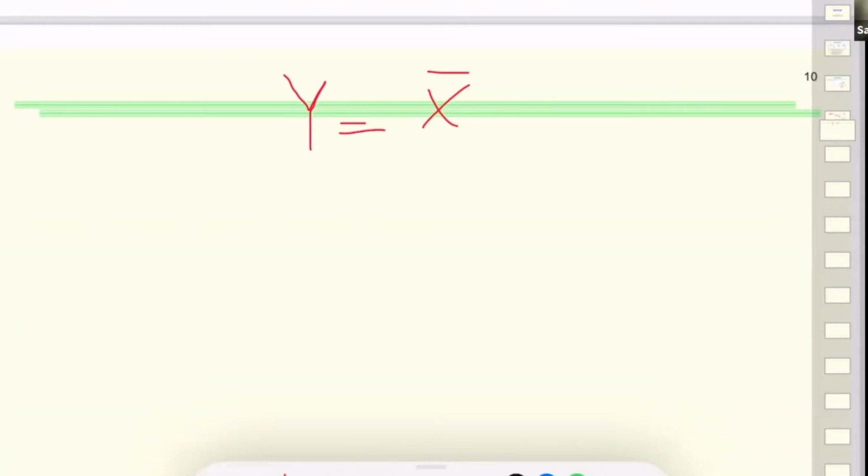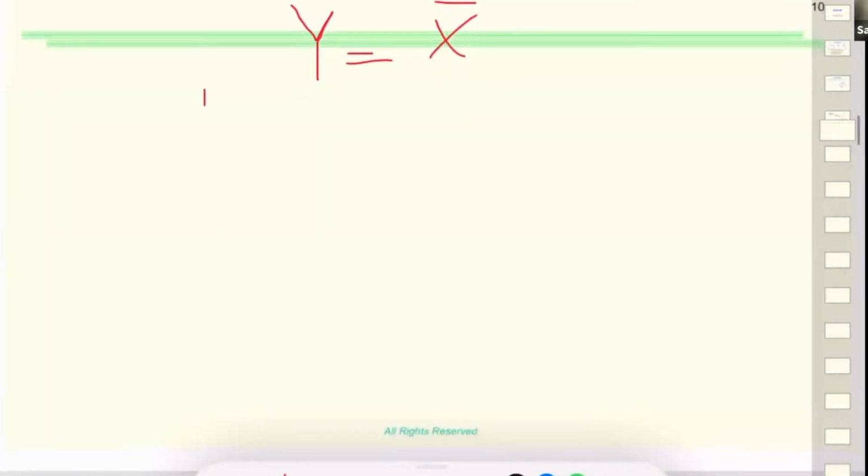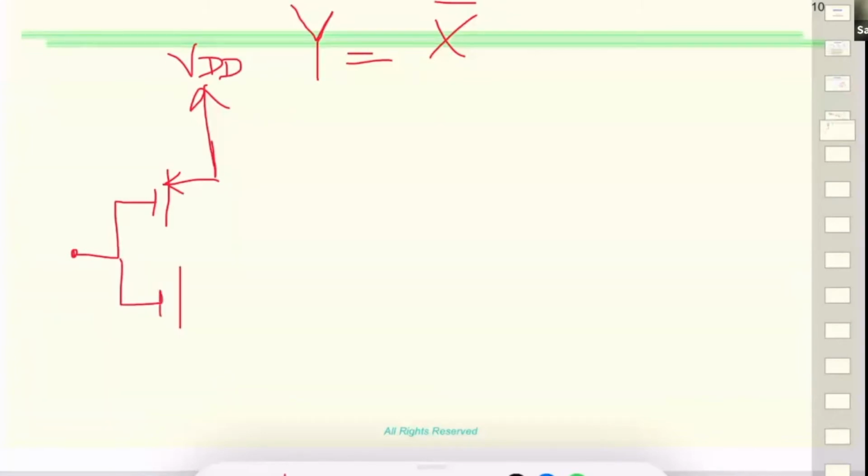How do we implement it? You would have the power supply always there. You have PMOS, you have NMOS.